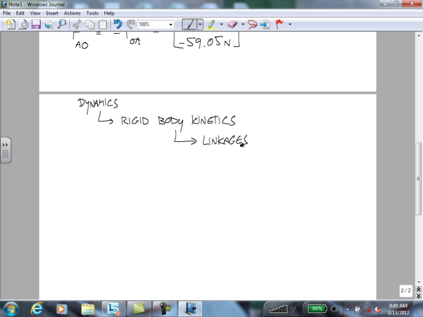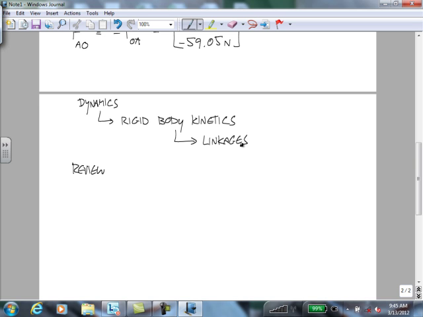So because we're going to be using the methods for solving rigid bodies, I'm going to just refresh our memories about the steps for solving a rigid body, and then I'm going to go into how to use this to solve a linkage.